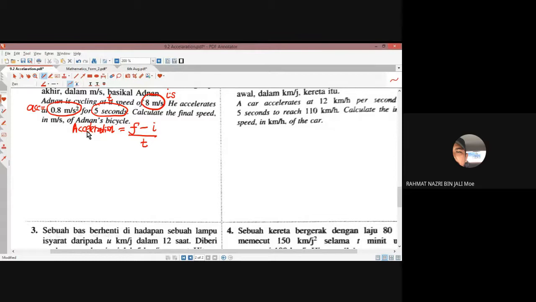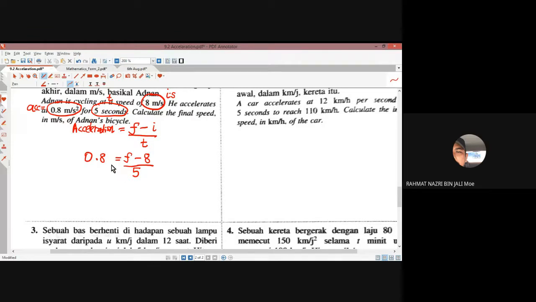We substitute the given information, acceleration 0.8. F is the question, the final. I is the initial, substitute with 8. And then this is a unit in second, so the time also in second, so easy to proceed, no need to convert to other unit.